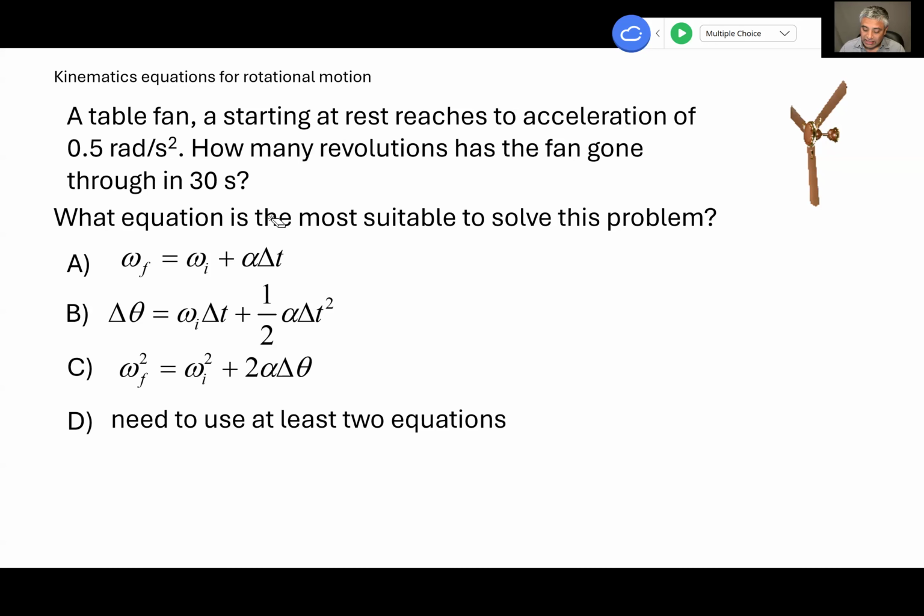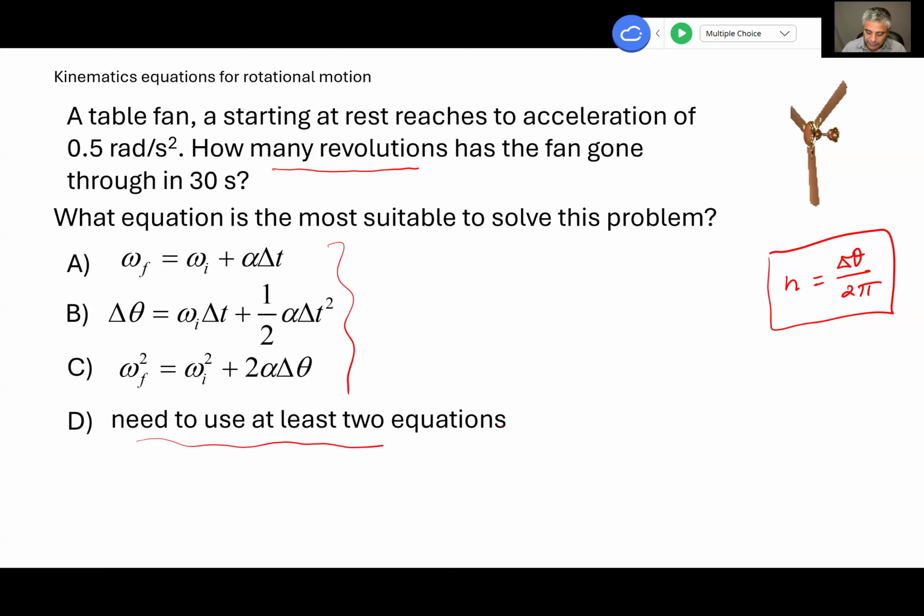So that's the way to use kinematics to solve a problem. In this case, it says how many revolutions. Over here, there is no number of revolutions equation. Just like we talked about during the class, if you want the number of revolutions, you can use this equation, but this may be a little bit confusing, so let's not count it as a kinematic equation, okay?